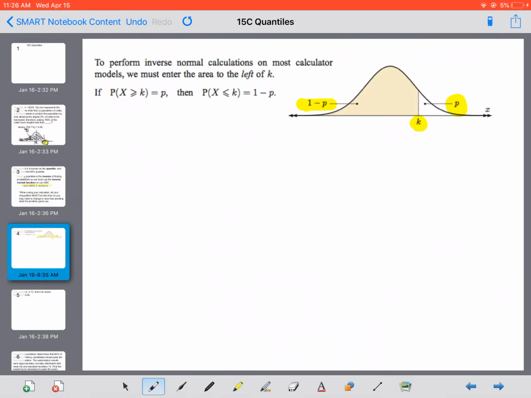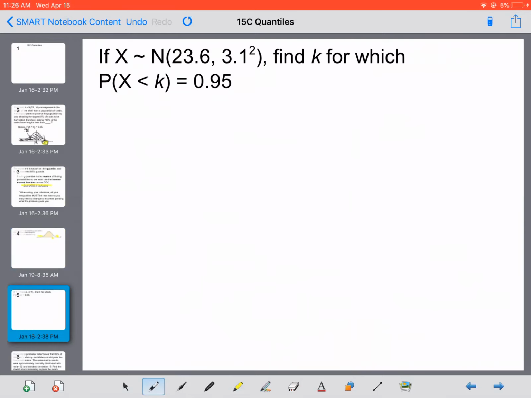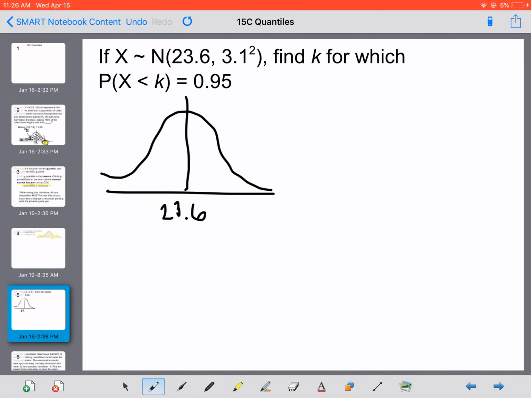So let's just practice one so that we understand how to do it in our calculator. What I do is I draw it visually first so I understand what part I am finding. So I have a normally distributed problem with a mean of 23.6, a standard deviation of 3.1, and I want to find k such that the probability of x being less than k is 95%.